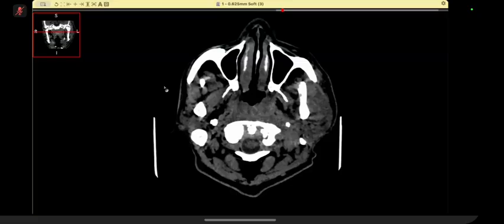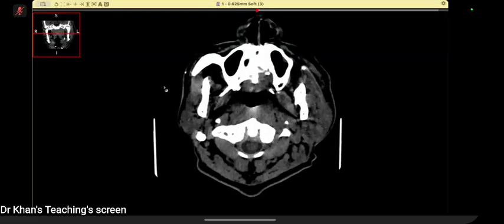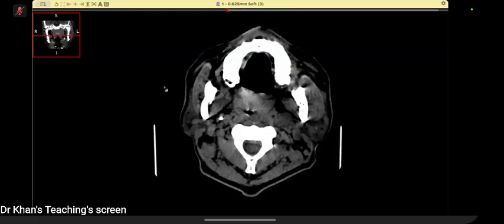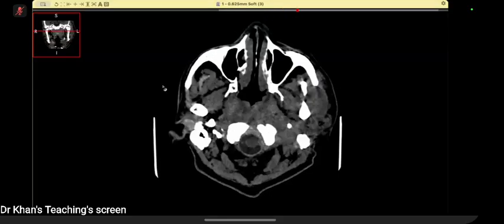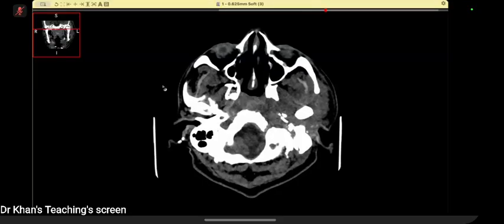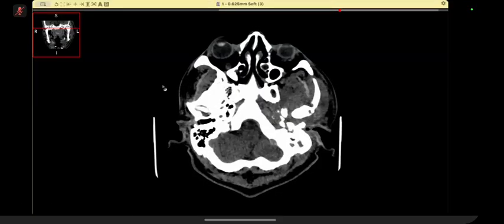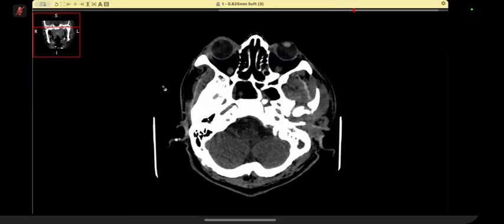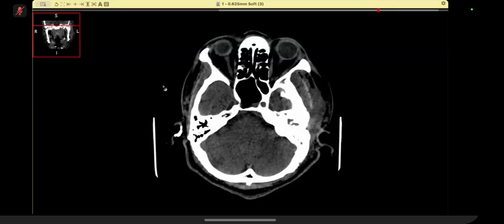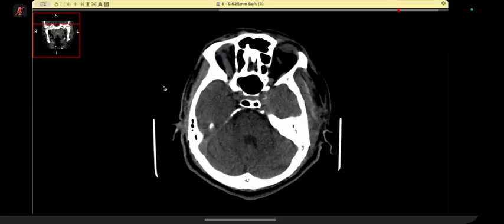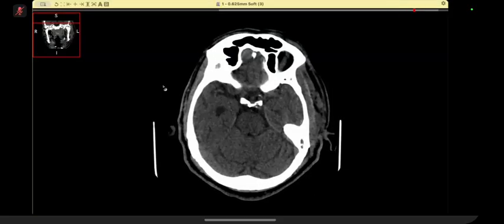Yes, so on the soft tissue window, I can see that there is heterogeneous appearance and swelling over the left cheek, and there's also heterogeneous appearance and fullness of the external auditory canal with soft tissue material.